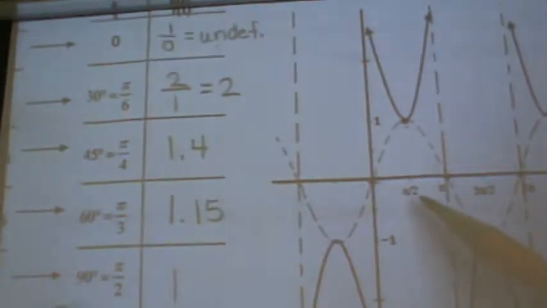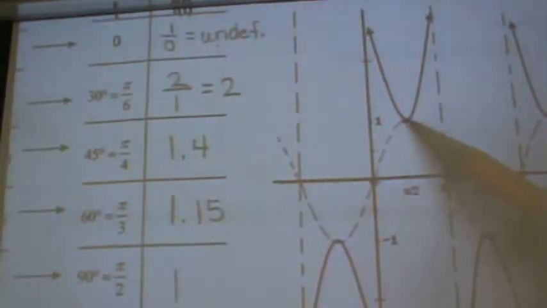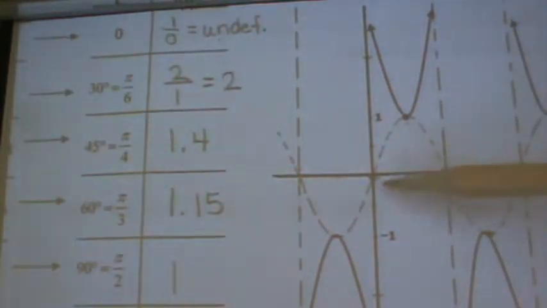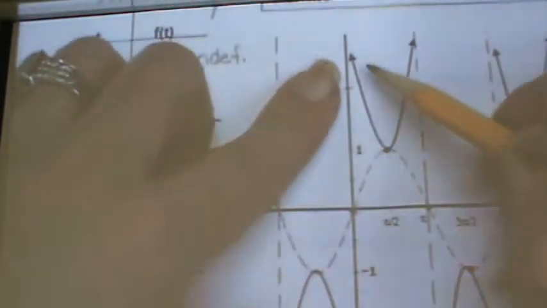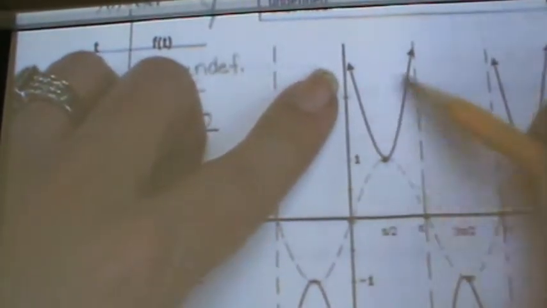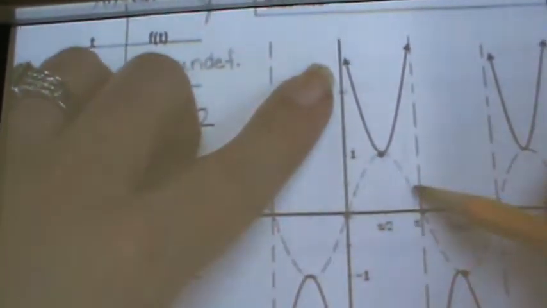Now, what happened here? At pi over 2, we are now going to have a maximum value. So everything now, the high values are going to be the low values. What's happened here is all of these points are flipped because it's the reciprocal. So all of these points are now flipped right here.